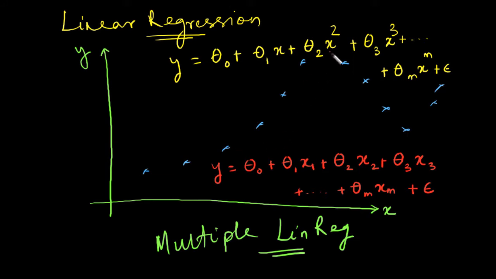So all that you need to do is consider each nonlinear function to be a separate input variable. This could be some other function also. It could be sine of x, it could be exponential of x, it could be tan of x, it could be anything. As long as you consider each of these functions to be a separate input variable, your method of linear regression would work fantastically well.